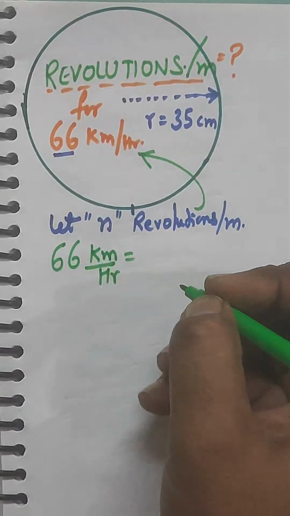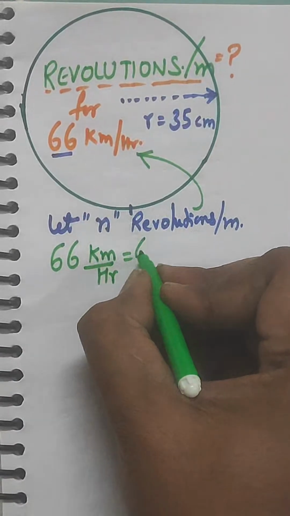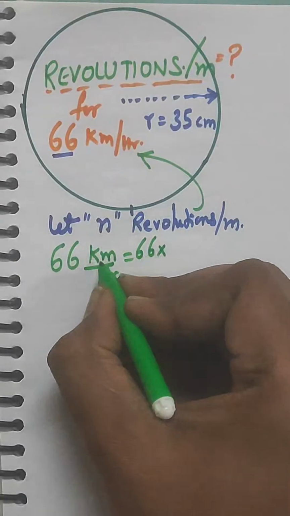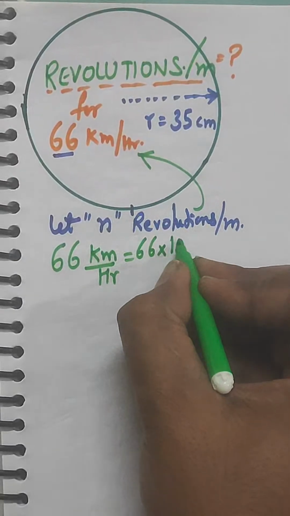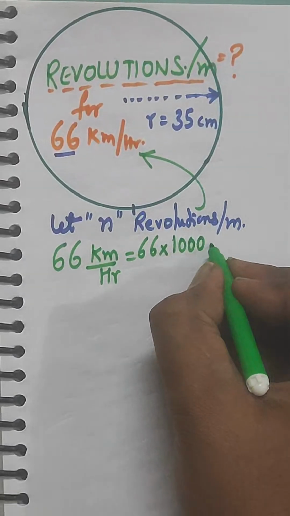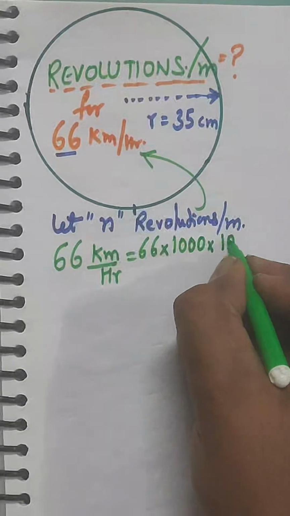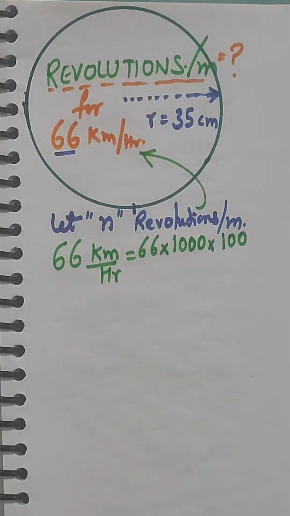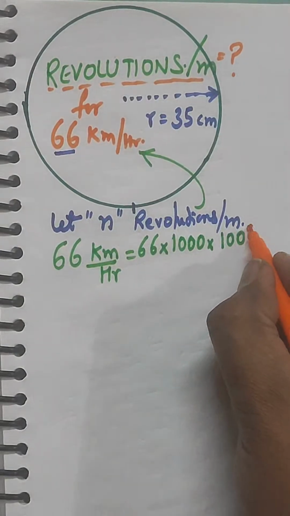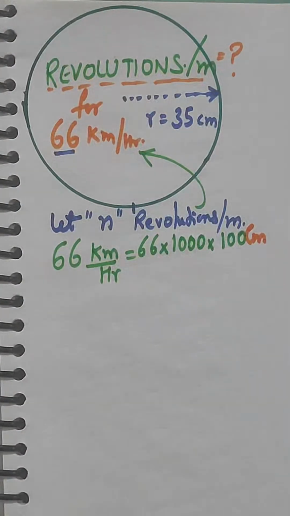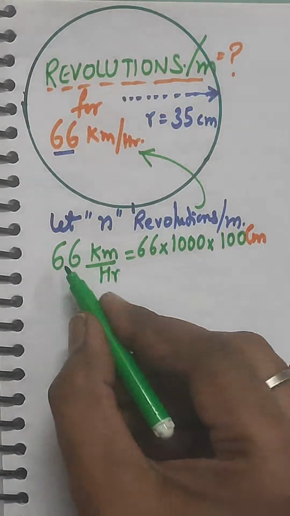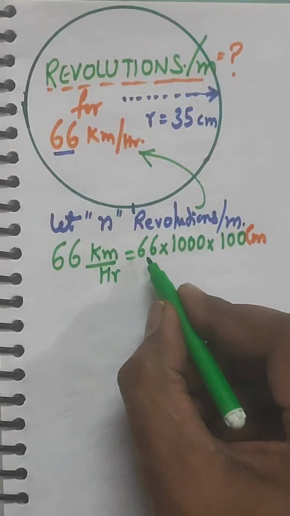The kilometer is in the numerator, so we can convert it into centimeter: in 1 kilometer there are 1000 meters and in 1 meter 100 centimeters. So this much centimeter will be there when the speed is 66 kilometer per hour.